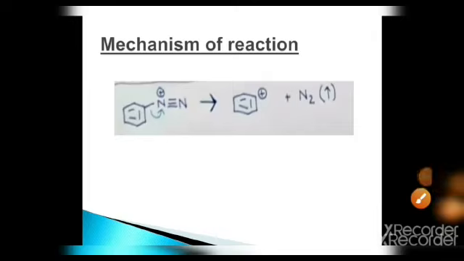When the aryl diazonium ion is formed, nitrogen is now removed from the reaction mixture as stable N2 gas, leaving behind a positive charge on the benzene ring.